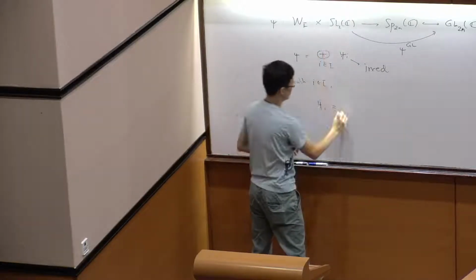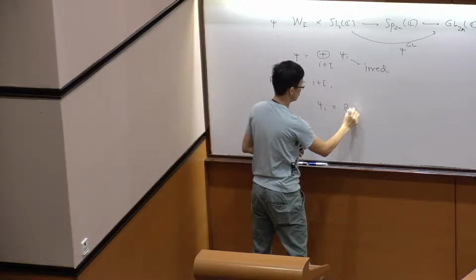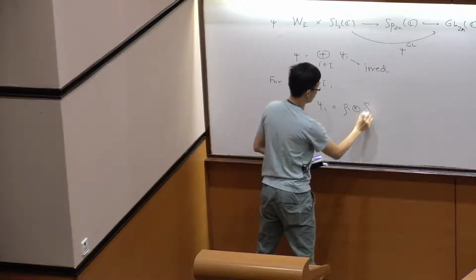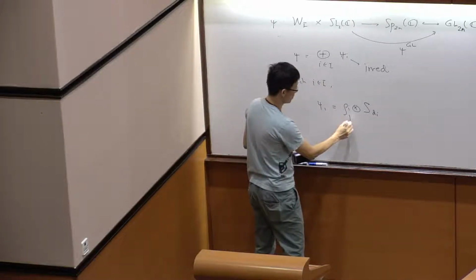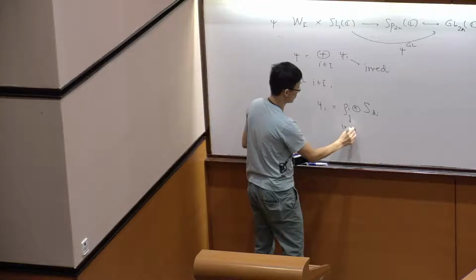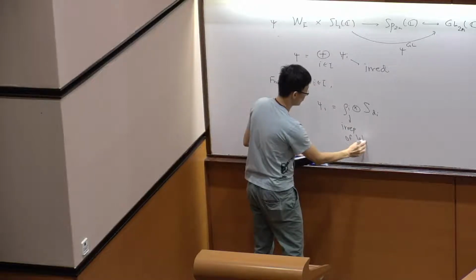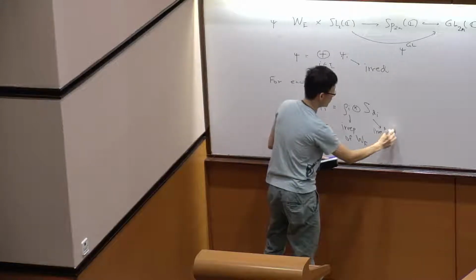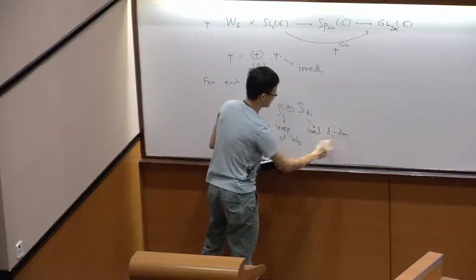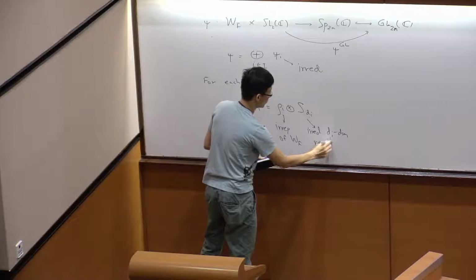It's going to be a tensor product of things like that. Well, this is some irreducible representation of the Weil group. This is an irreducible finite-dimensional representation of SL2.